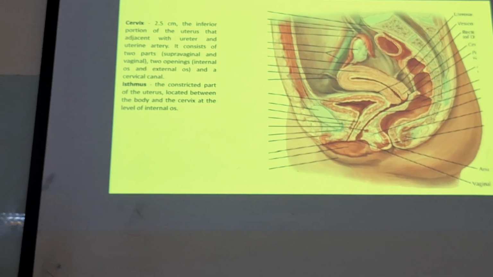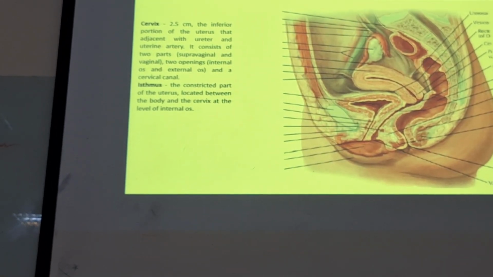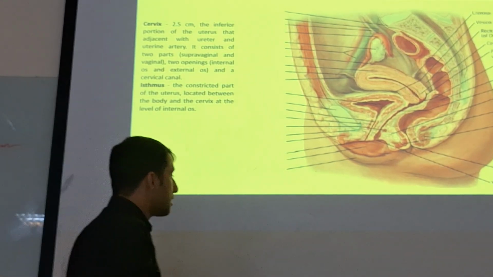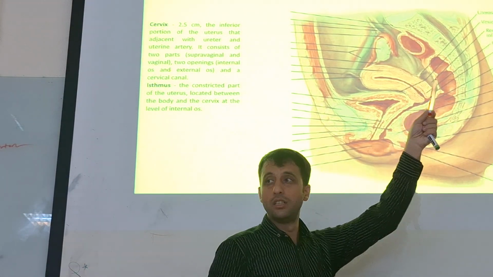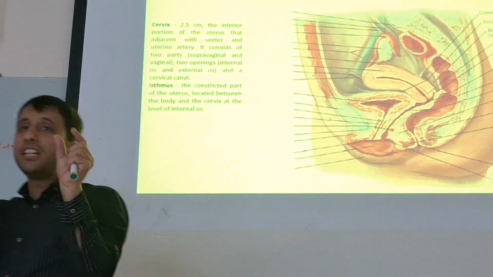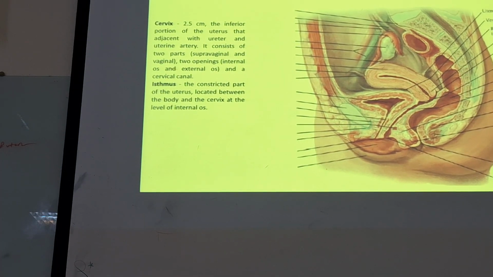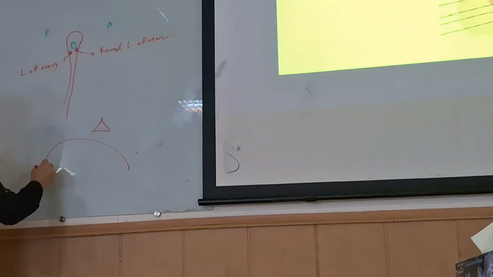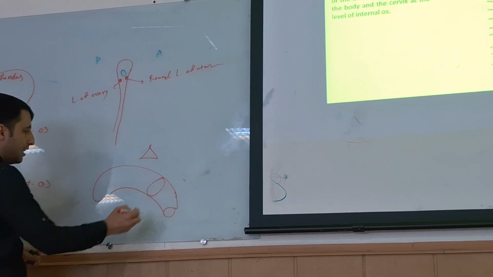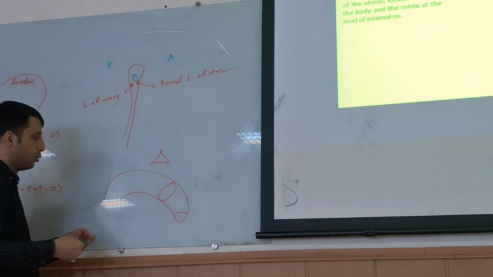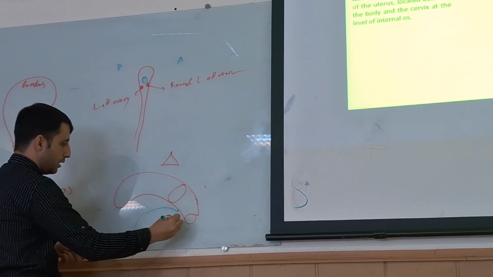The cervix also has an anterior surface and a posterior surface. Anterior surface of the cervix is adjacent to bladder. Anterior surface has two parts, okay? Here and here. This part, and here.